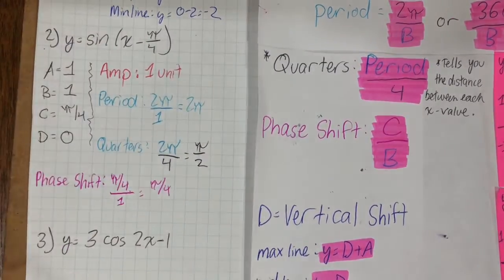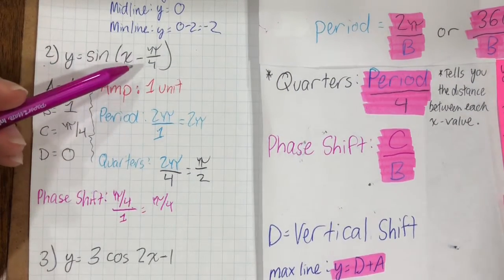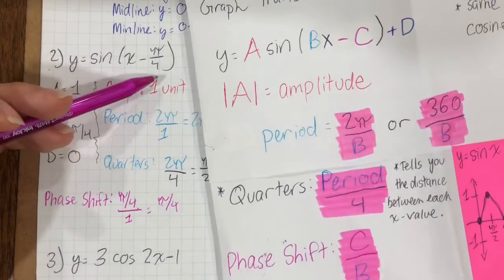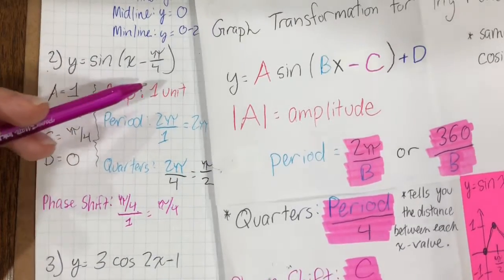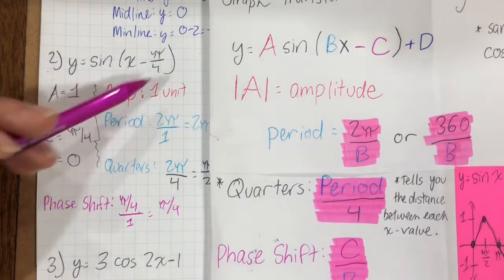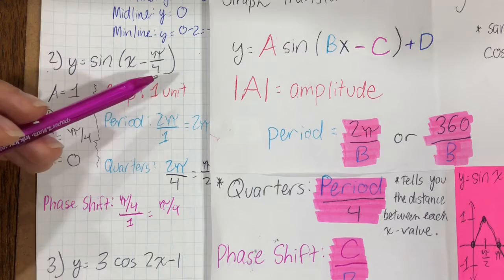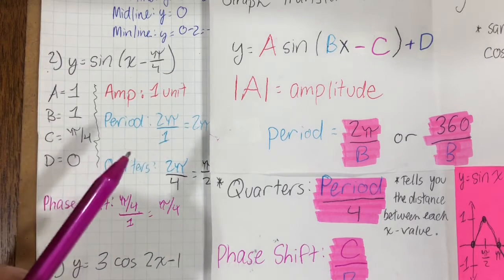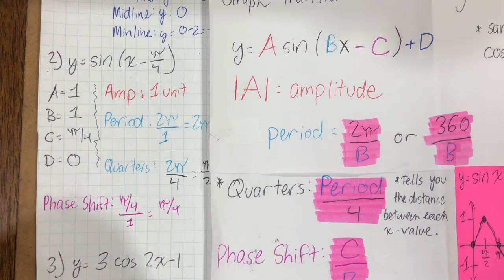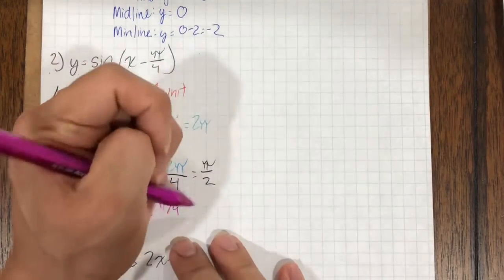If we take a look at the sign, originally we have a minus. Remember, a phase shift follows the same rule as a horizontal shift, where we follow the opposite sign. The opposite of a minus is a plus, and for a horizontal direction, the right direction is a positive direction. So for the phase shift, I move pi over 4 to the right.